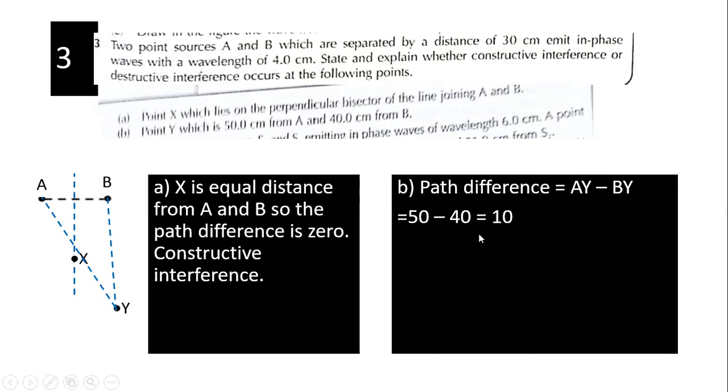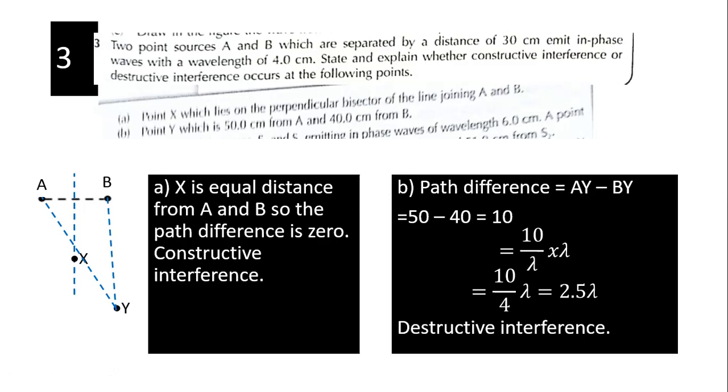So 10, then convert it to number of wavelengths. Wavelength is 4 cm, so you divide by lambda, and you get 2.5. So 2.5 is destructive interference. Okay. Any comment? No.